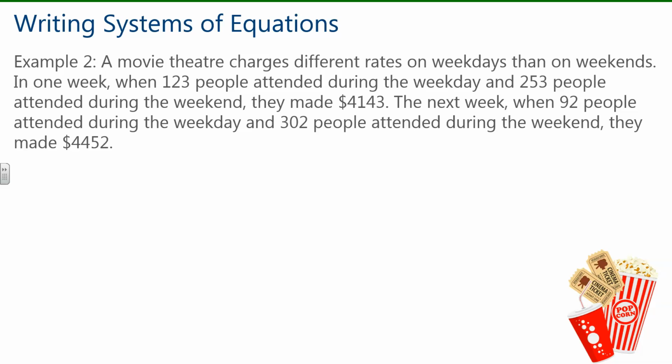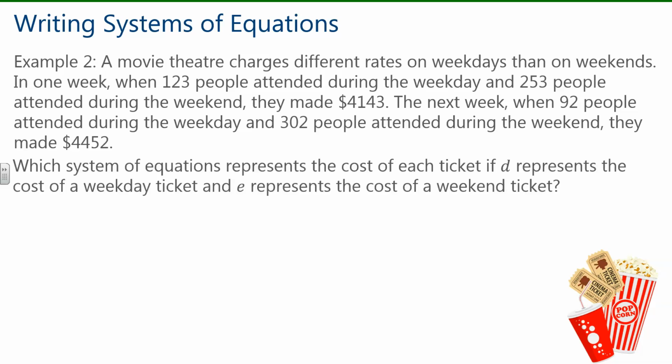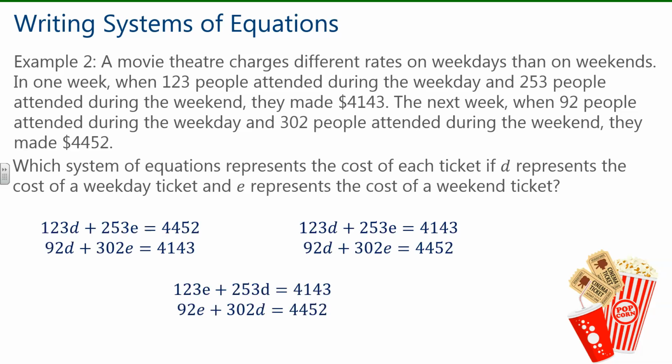Now the next week, when 92 people attended during the weekday and 302 people attended during the weekend, they made $4,452. We have to choose which system of equations represents the cost of each ticket, where D is the cost of a weekday ticket and E is the cost of a weekend ticket. So we have these 3 systems to choose from.